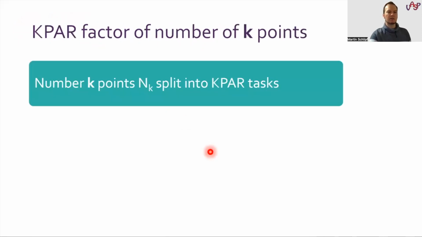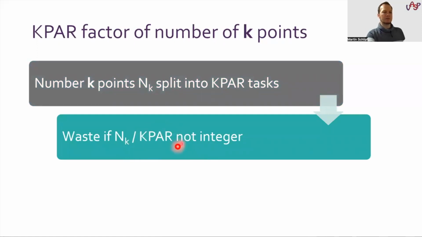And then let's focus on the k-point parallelization. The k-point parallelization will split the k-points and distribute them into KPAR different tasks. You should be aware that if you use a KPAR that is not a factor of the number of k-points, you will just waste compute time. Essentially, if you have, let's say, 12 k-points and you use 8 CPUs, then 4 of them would have nothing to do in the second iteration.